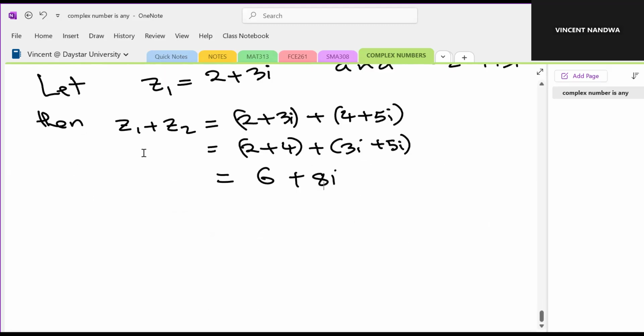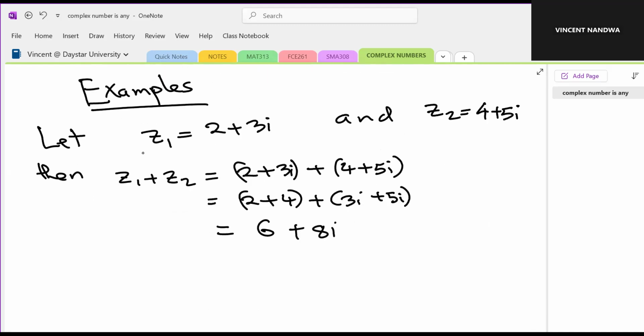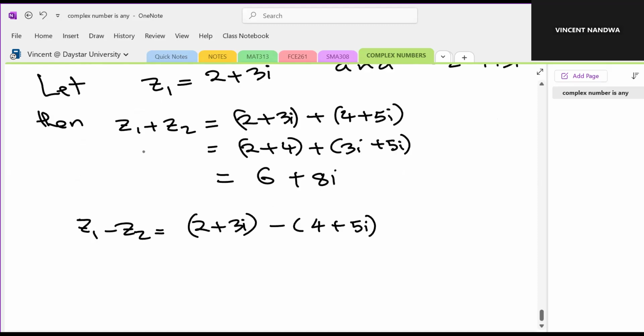Then Z1 minus Z2 will be 2 plus 3i minus 4 plus 5i. Then this is the same as 2 plus 3i minus 4 minus 5i. Collect real parts, so 2 minus 4 plus 3i minus 5i.